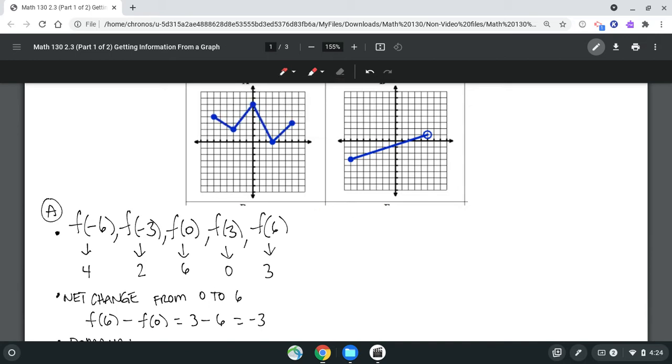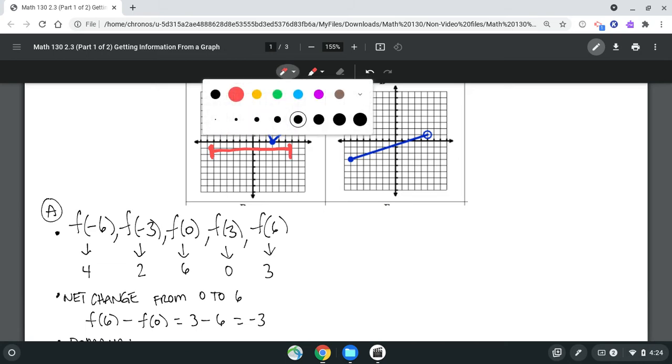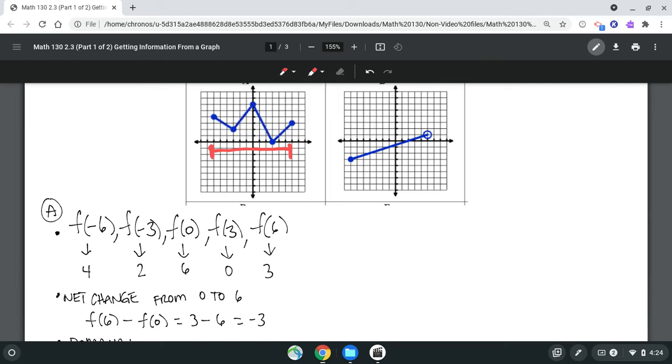All right, so we see our domain is from over here all the way to here. So our domain is going to be from negative 6 all the way to positive 6. That's going to be our domain.